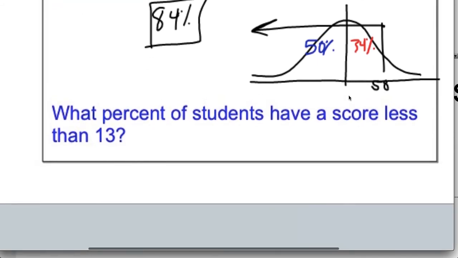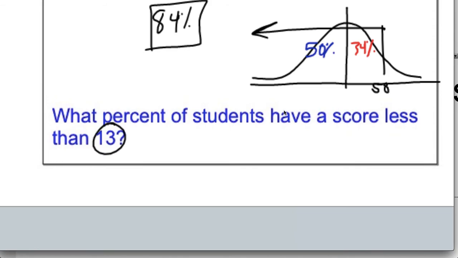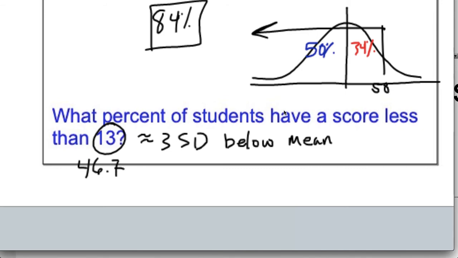What percent of students would score less than 13? Okay. Well, if we consider what 13 represents, 13 is about 3 standard deviations below the mean. Now, if you're wondering the long way how we can figure that out, basically what I did was 46.7 minus 11.3, and that gave me 35.4.